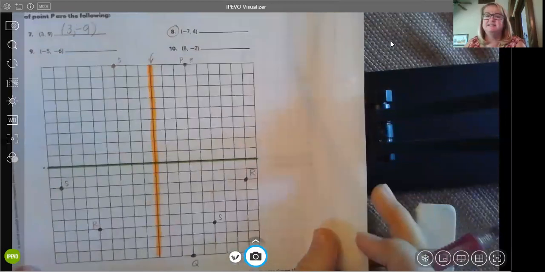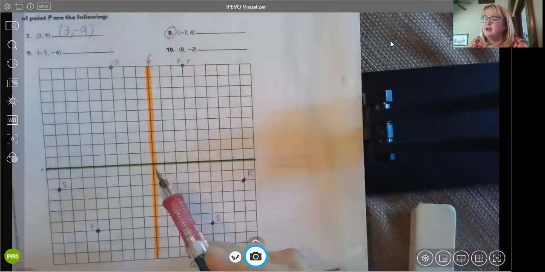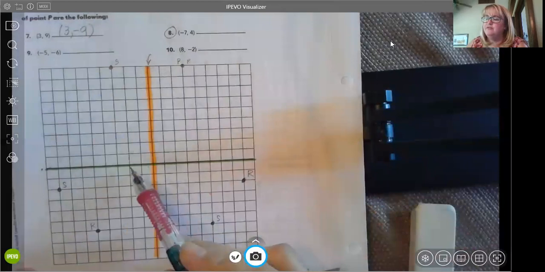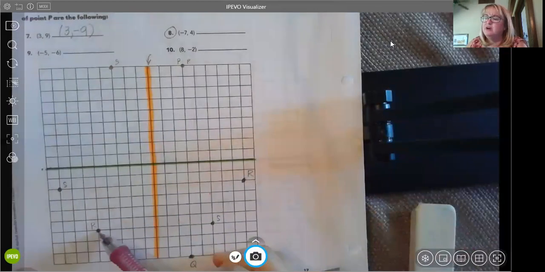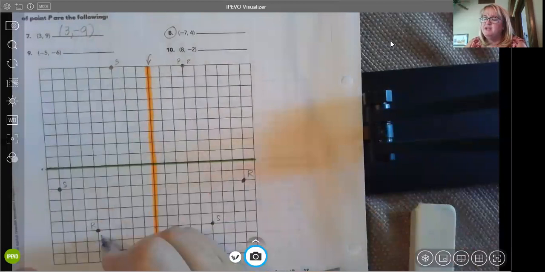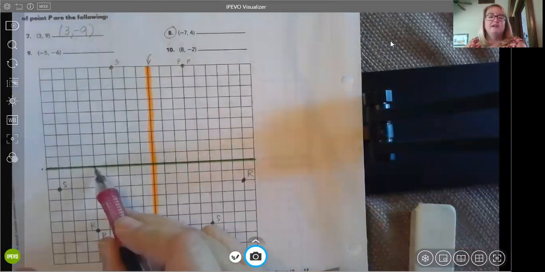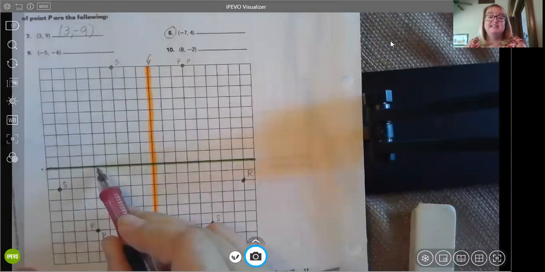We're going to look at 9, negative 5, negative 6. Go back 5, go down 6. So we're going to go back 5, 1, 2, 3, 4, 5, down 6. And this was R. This is now called P. Now, point P is here. My mirror is here. How far away is P from the mirror? Well, it was 6 down.